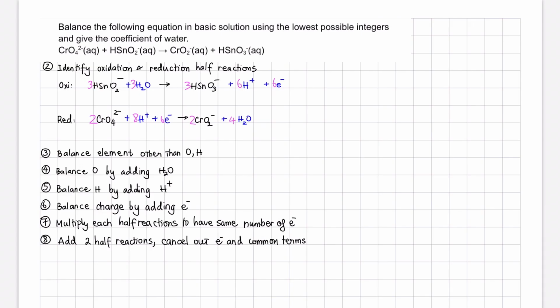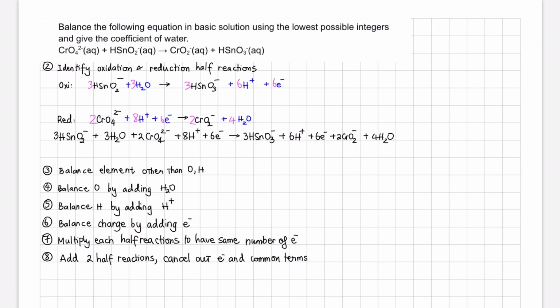Now moving on to step 8, we need to add the 2 half reactions together, and then we're going to cancel out the electrons as well as any other common terms. So to add the 2 half reactions, we just need to add the reactants together on one side and products together on one side. So first of all, we know we can cancel out the electrons because there are 6 electrons on both sides. Another common term between the 2 sides is H2O.